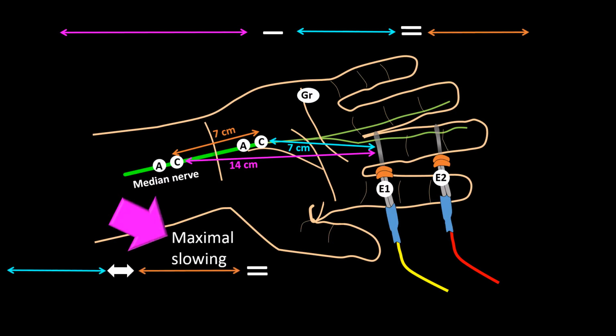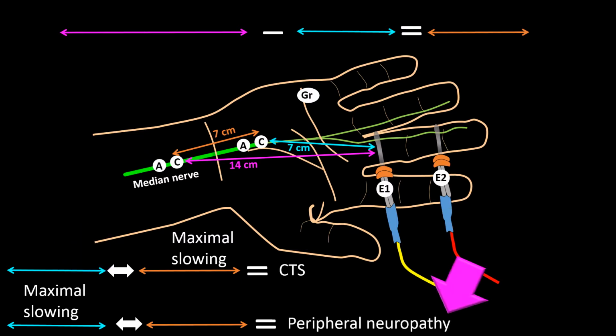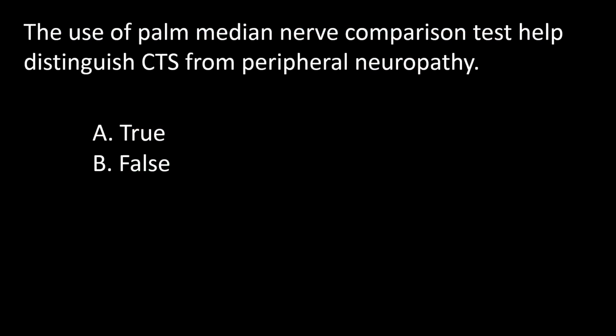So, if we find that the maximal slowing has occurred in the wrist to palm segment, the most likely cause for the slowing is carpal tunnel syndrome. If, on the other hand, the maximal slowing is in the palm to finger section, then the likely diagnosis is peripheral neuropathy. So the answer to this question is true.